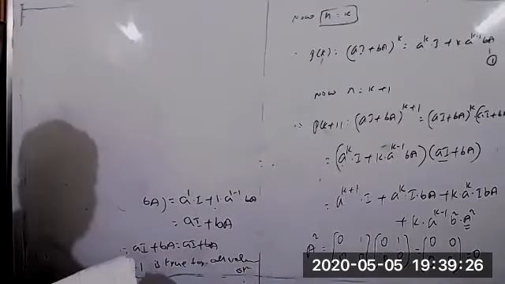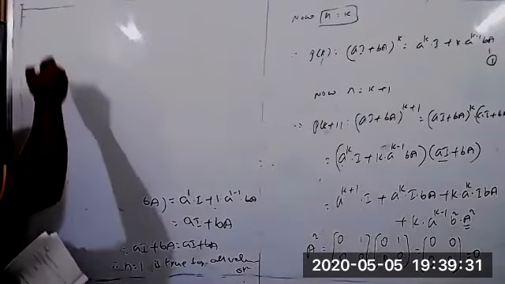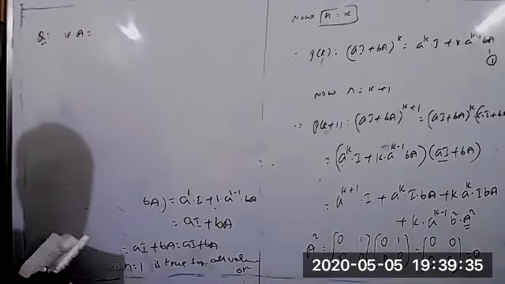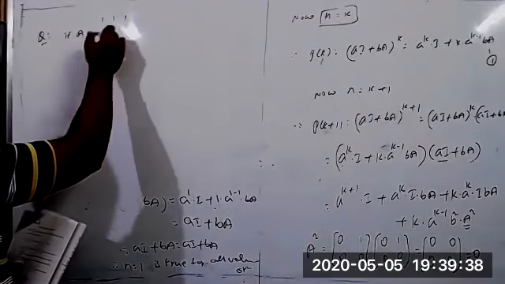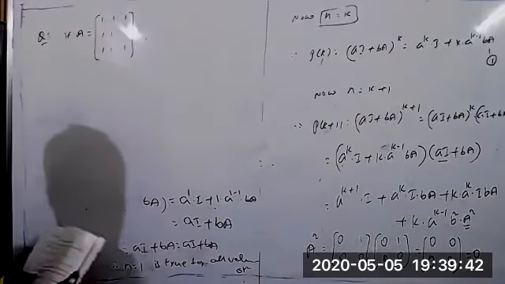A equal to the matrix with all ones, 1 1 1 1 1 1 1 1 1.